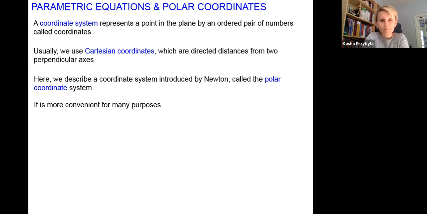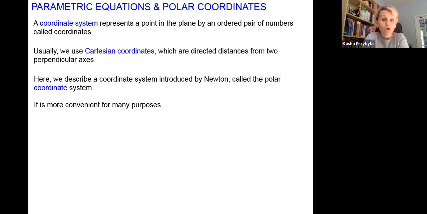We will start another part of chapter 10, and we will talk about the polar coordinates. We have to know the difference between the Cartesian coordinates and the polar coordinates. We have to know how to plot a point, and then how to plot a curve in polar coordinates.